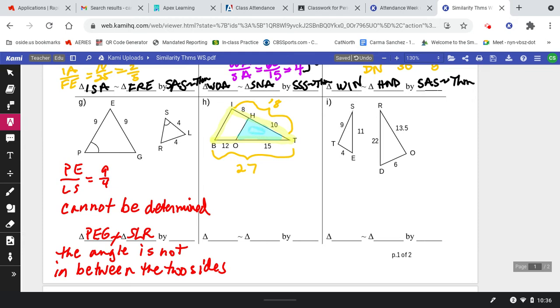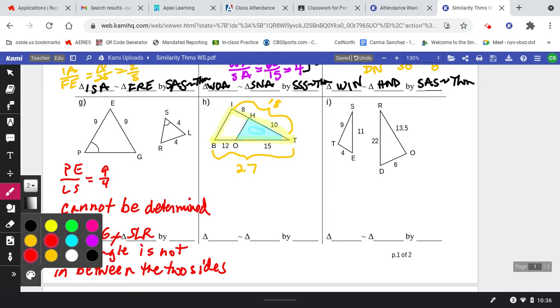Okay, so you have to know those bigger side lengths in order to get ready for this one. And we can tell that both these triangles have this same angle right here. So we can start by saying that angle T is congruent to angle T because it was given in the image that they literally share that angle.